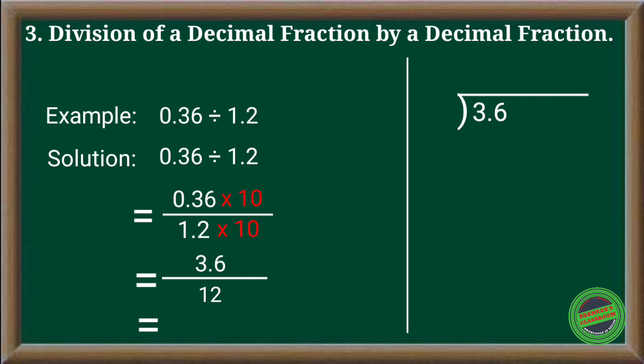So 3.6 and then the divisor is 12, so 0 for the first time, then 12 3s are 36, so the remainder is 0 here. At the very first step, the remainder comes to 0, so we don't need further division, so the answer is the quotient, that is 0.3.